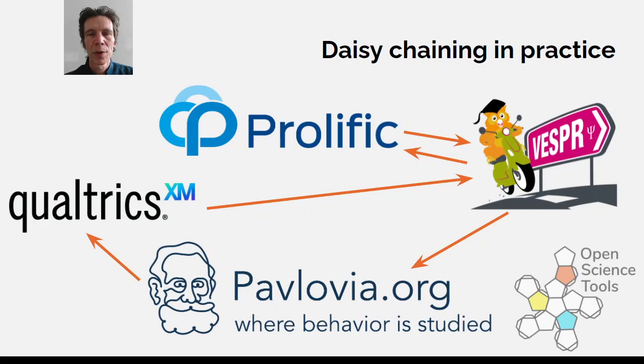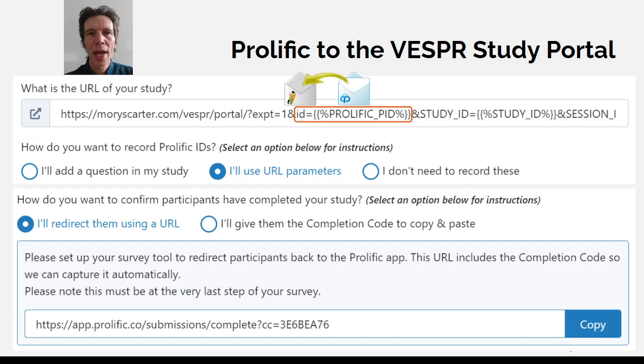Then after they've finished that, back to the debrief on the VESPR study portal, and finally back to Prolific for crediting their time. So at each stage we need to look at how do we set up the URL for the next stage within the stage we're looking at.